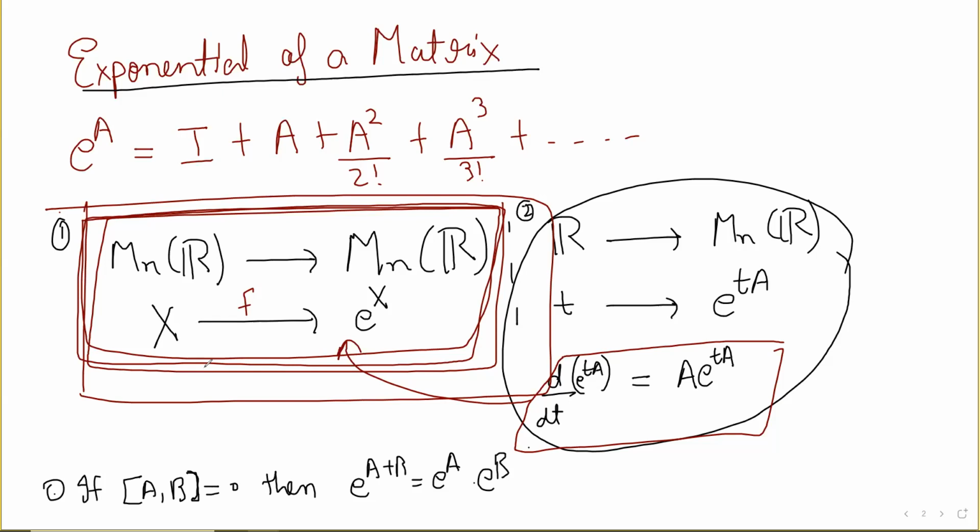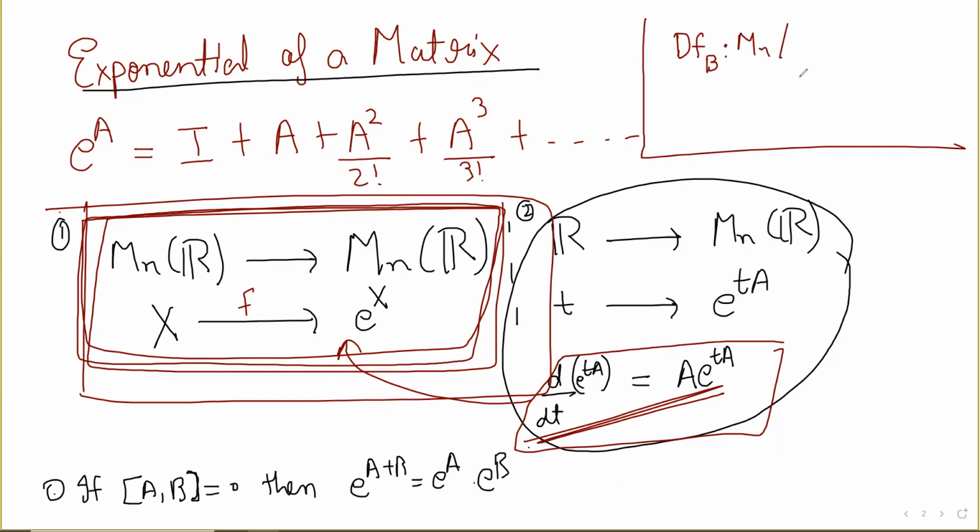So see, what you are doing here is, if you have that f, you take df. So what is df at a point, at some matrix B? It is a linear function from MNR to MNR, and you want to compute this.